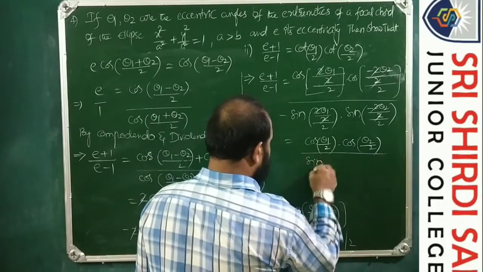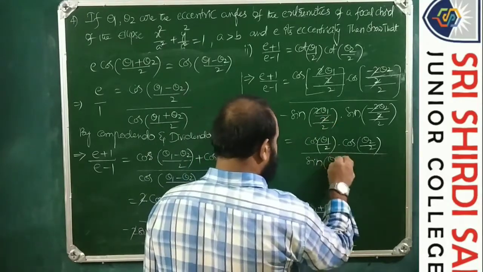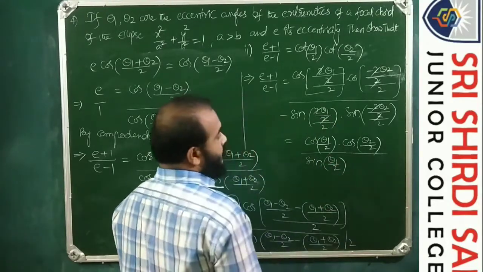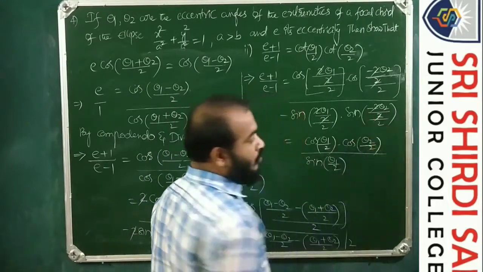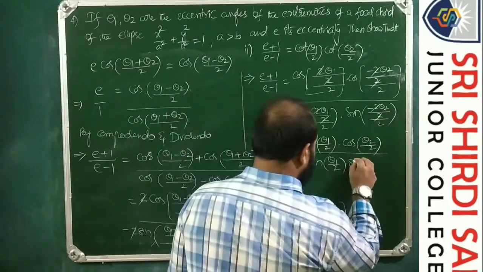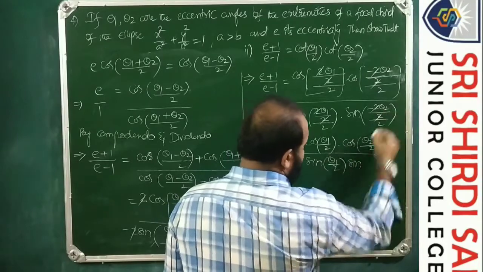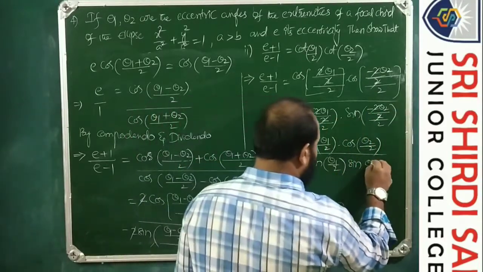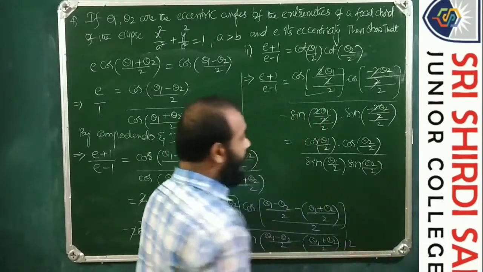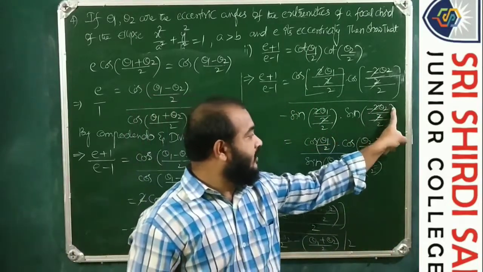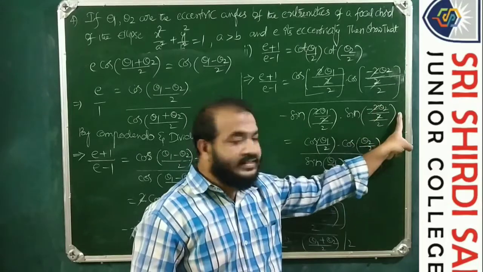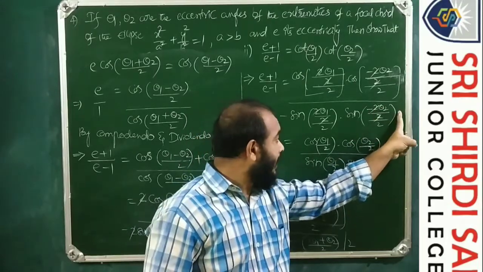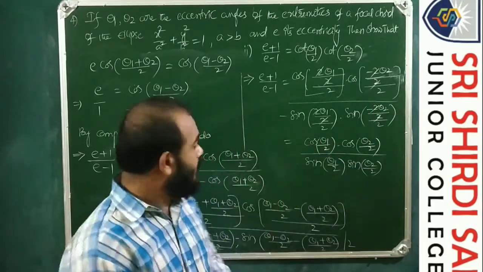This is equal to sine(theta 1 by 2) times sine(minus theta 2 by 2). Sine of minus theta is minus sine theta, so minus of minus is plus, giving sine(theta 2 by 2).